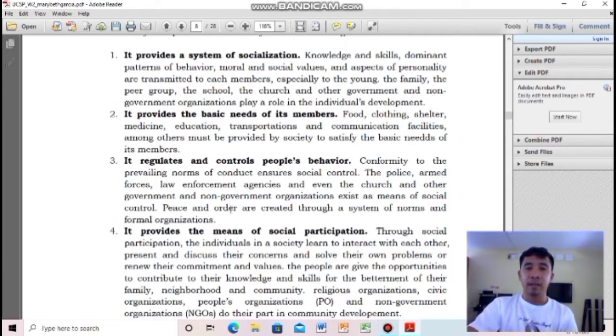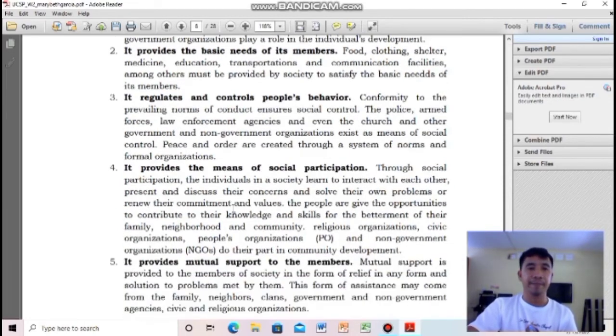So these are meant to control the behavior of the people within the society because it will serve or it will secure the peace and order with this kind of system in a formal organizations or society.